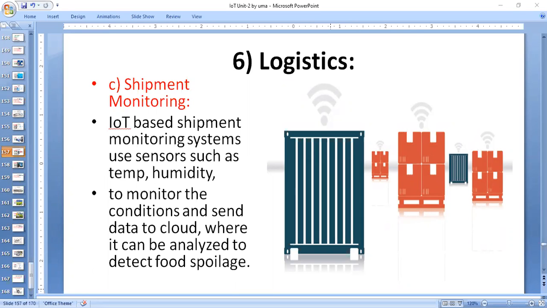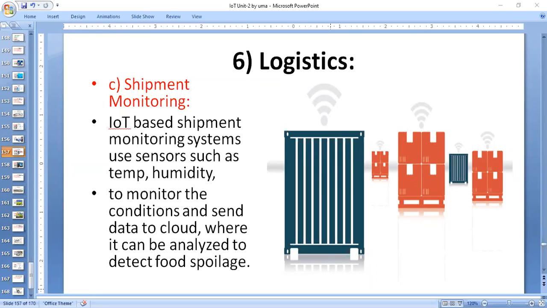For example, in a container, fresh food produce can be monitored to prevent spoilage of the food. The IoT based monitoring system can use sensors such as a temperature sensor, pressure sensor, and humidity sensor to monitor the conditions inside the container.